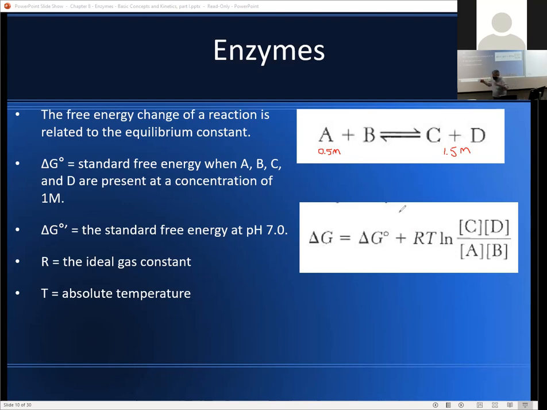Okay, I'm just throwing that out as an example. Now, equilibrium doesn't mean everything stops. The reaction is still proceeding in the forward and reverse directions. It's just that at any one given time, we have half molar concentrations of reactants and 1.5 molar concentrations of products. Again, I'm just throwing out these numbers as an example.